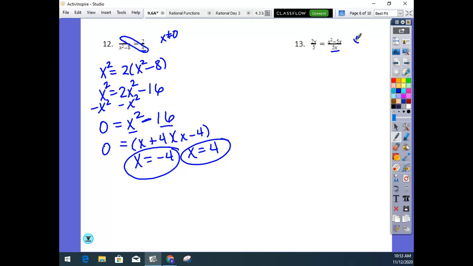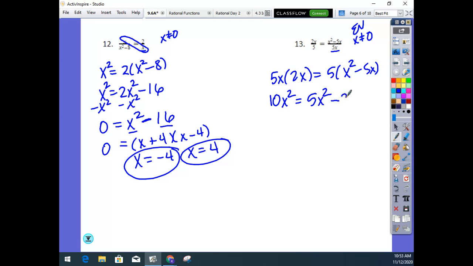All right, the last one. Excluded value is 0. Cross multiply. I gotta move everything to the left side.